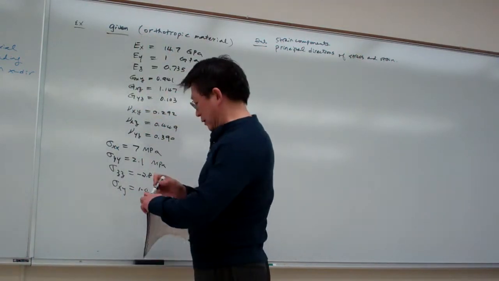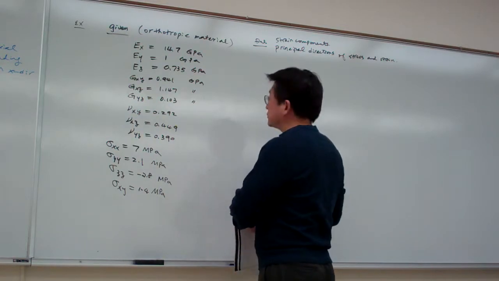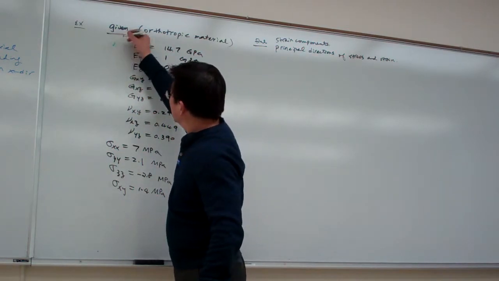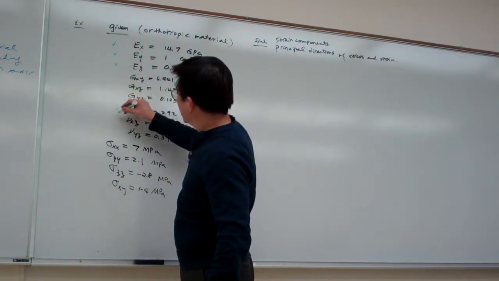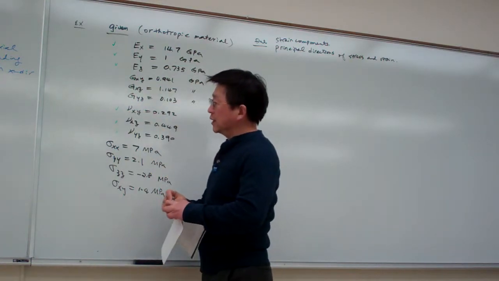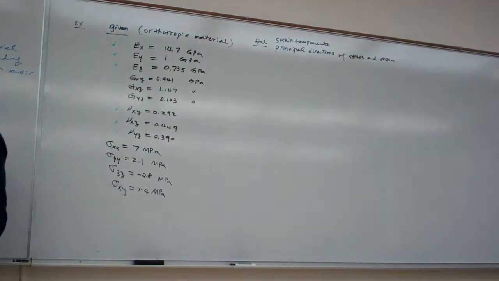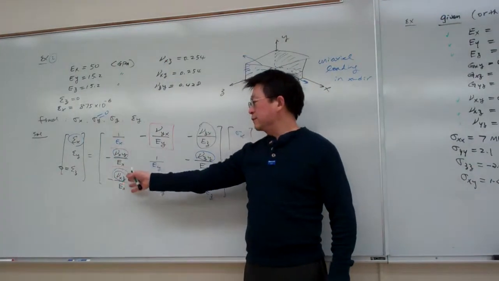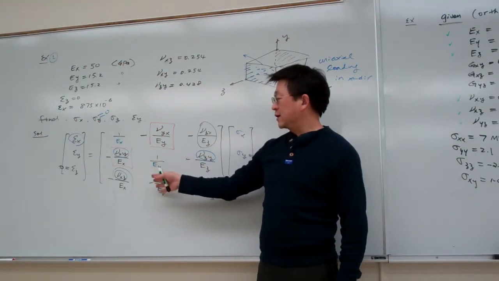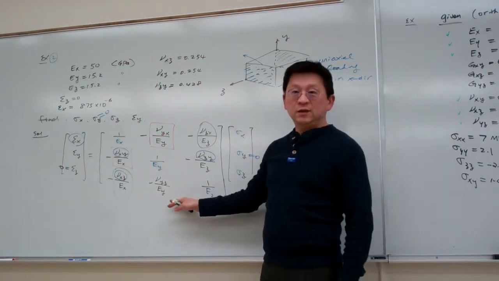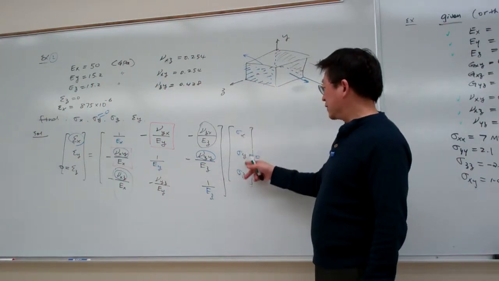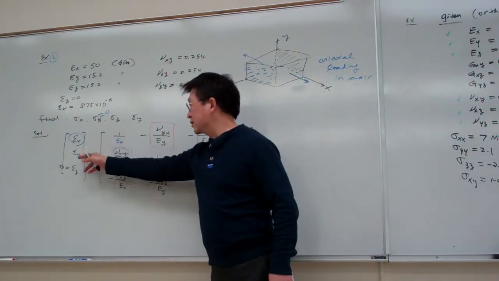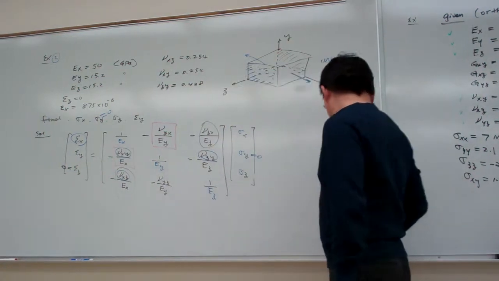This can be directly used to build up the equation to calculate the contents of the compliance matrix. So in this way, given the stress, we can calculate the normal strain directly.